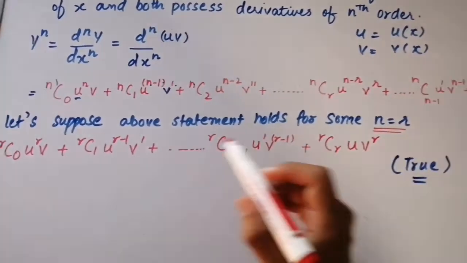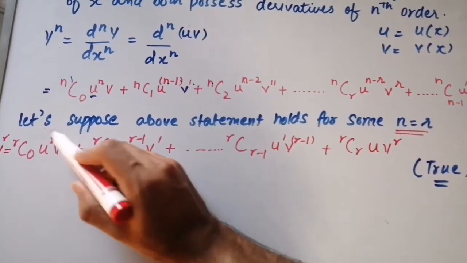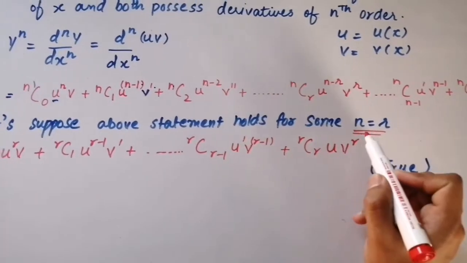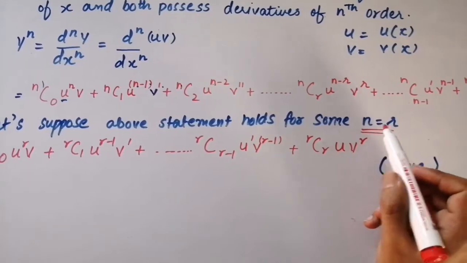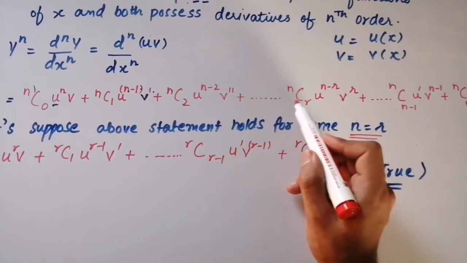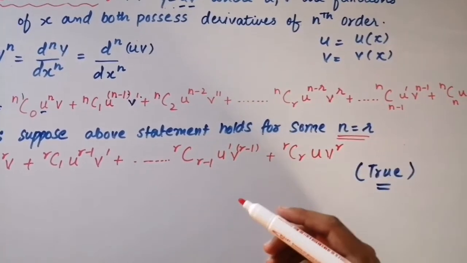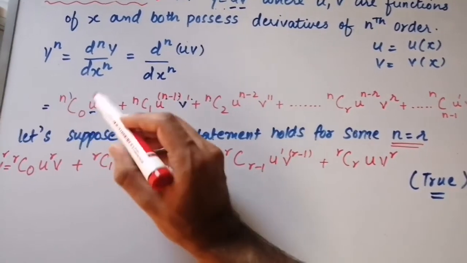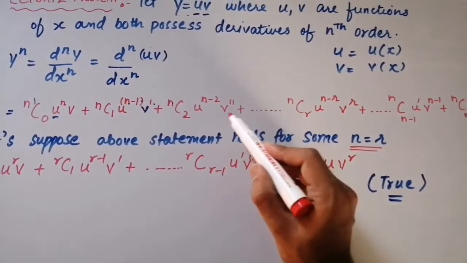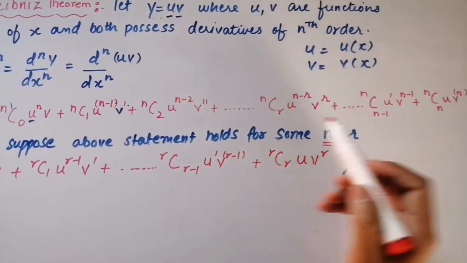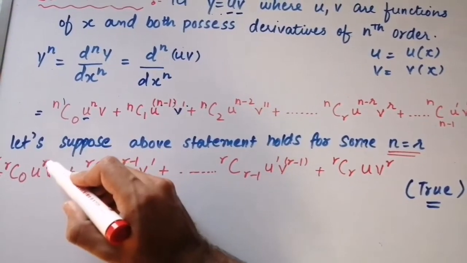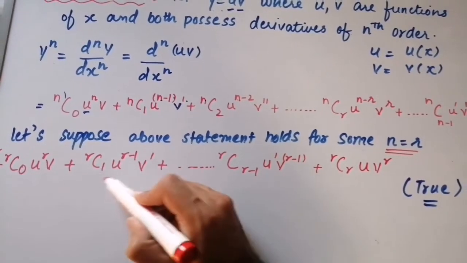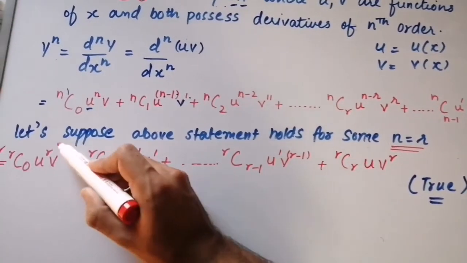You can see that I have supposed here that the above statement holds for some general n equal to r. So what I did here was replace all the n appearing in the above Leibniz theorem by r.